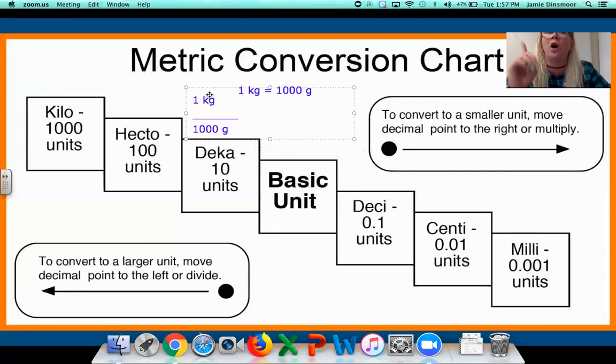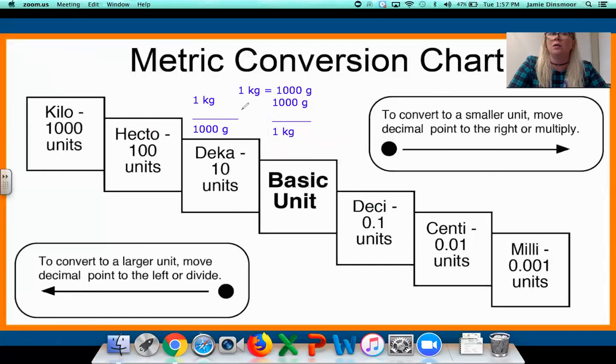This essentially is 1, right? Because they are equal. So we can also flip that. We could write that as 1,000 grams over 1 kilogram. These things are the same. They are equal.